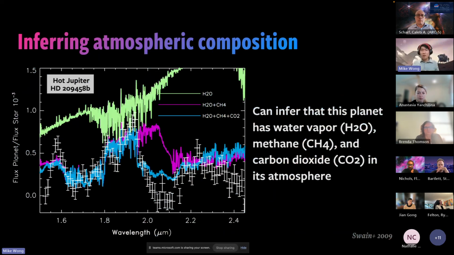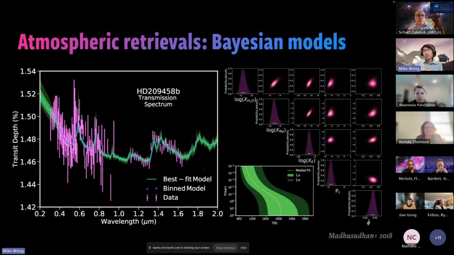But there are so many different knobs that you can tweak in terms of atmospheric composition, and fitting data points by eye is not a super reliable process. So in modern exoplanet characterization, we run what's called Bayesian inference models, which seek to optimize the fit of spectral data and retrieve probability distributions for all kinds of atmospheric parameters, from gas abundances to the pressure temperature profile of the atmosphere to cloud opacities.